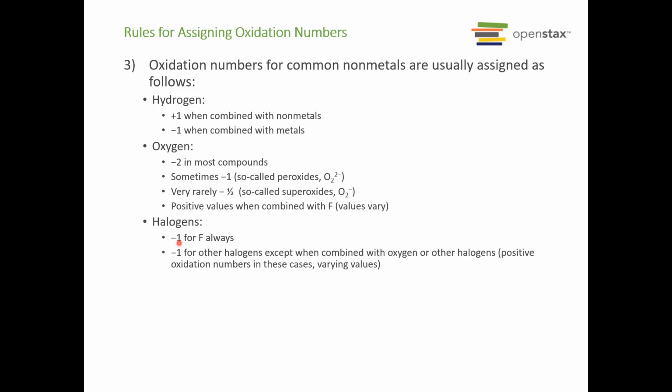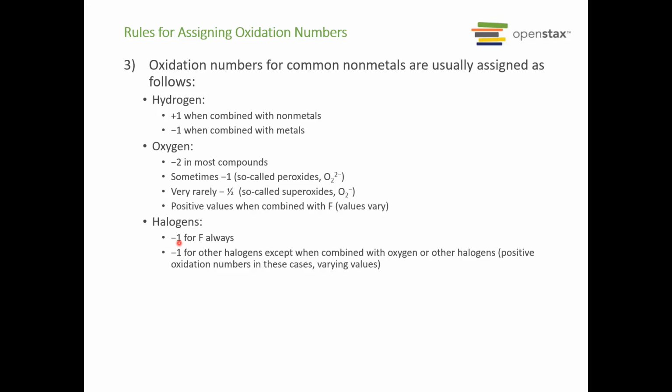And then the reason oxygen will be positive with fluorine, and the reason that fluorine is always going to be negative 1, is because with these covalent substances, again, we don't really have charges, but we're thinking about what the charges would be if there was a full transfer of electrons. Fluorine is going to be the only element that's more electronegative than oxygen. So fluorine is essentially the only element that can overpower oxygen and would be able to take electrons from oxygen.